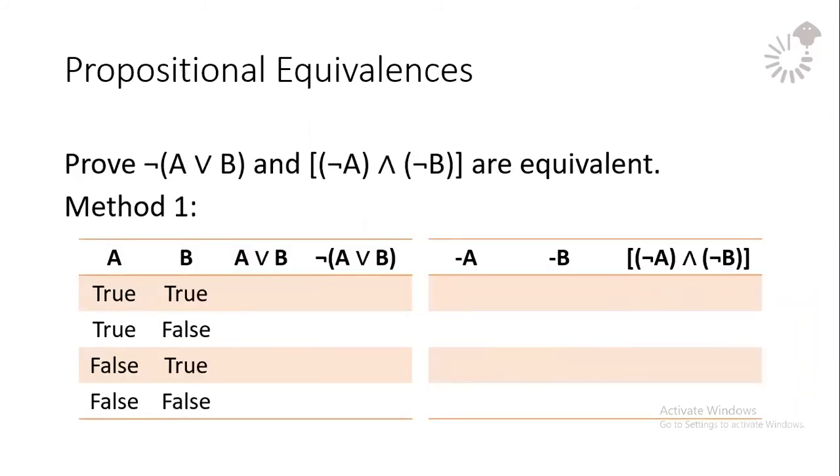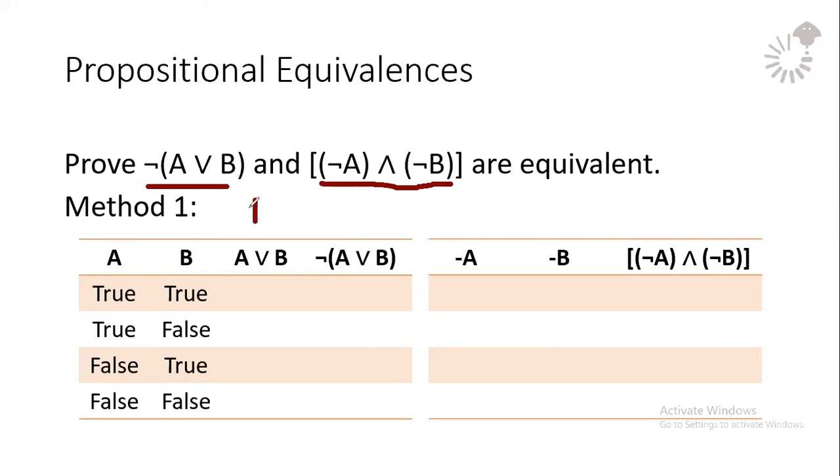So let us prove statements: negative of A or B, this is the first statement, and negative A and negative B, this is the second statement, equivalent daw siya.